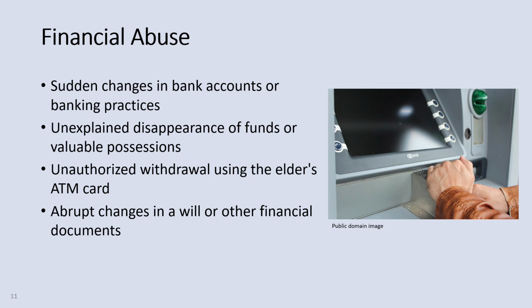Often the abuser is a trusted individual such as a family member, caregiver, or financial advisor, which can make the abuse difficult to detect and even harder for the victim to report. Signs may include unexplained withdrawals, sudden changes in wills or power of attorney, unpaid bills despite adequate income, or missing valuables. Financial exploitation can leave older folks unable to afford basic needs and can cause deep emotional harm by betraying their trust and independence.